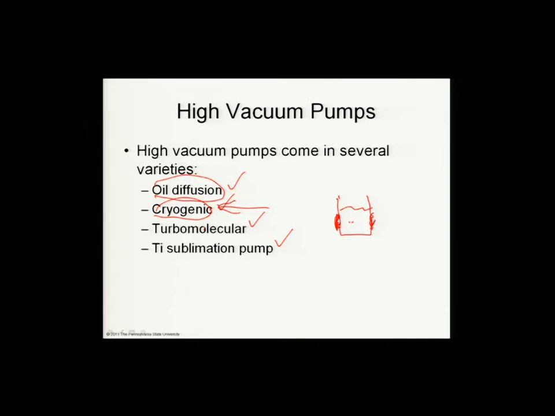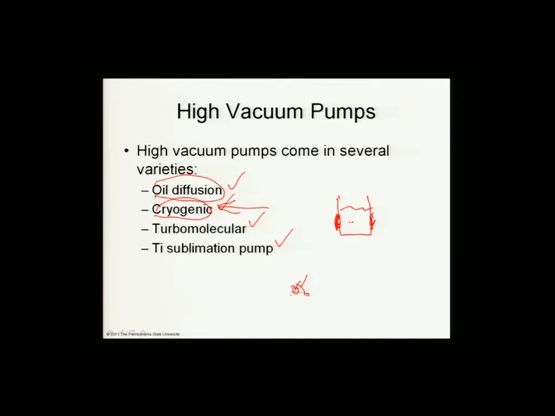And the titanium sublimation pump makes use of the fact that titanium loves oxygen. And since oxygen composes 20% of the atmosphere, when you get down to high vacuum situations, titanium sublimation pumps can be great in further pulling down the pressure by titanium sublimating, that is, turning into a vapor, and then the vapor reacting with oxygen.